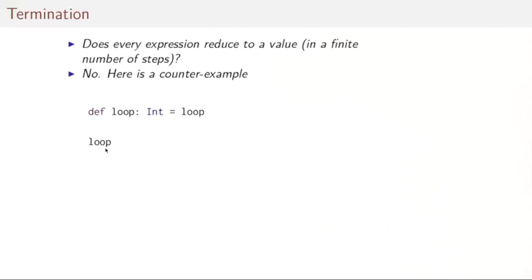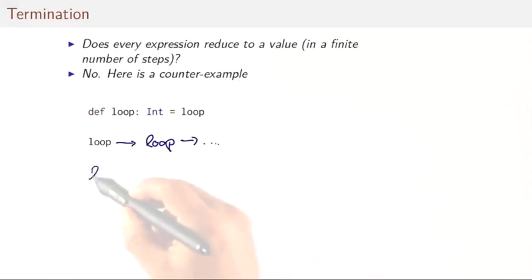What would happen? Well, according to our model, we have to evaluate that name, which happens by replacing the name by its right-hand side. The right-hand side is loop again. So we have reduced the name to itself, and this can go on ad infinitum.